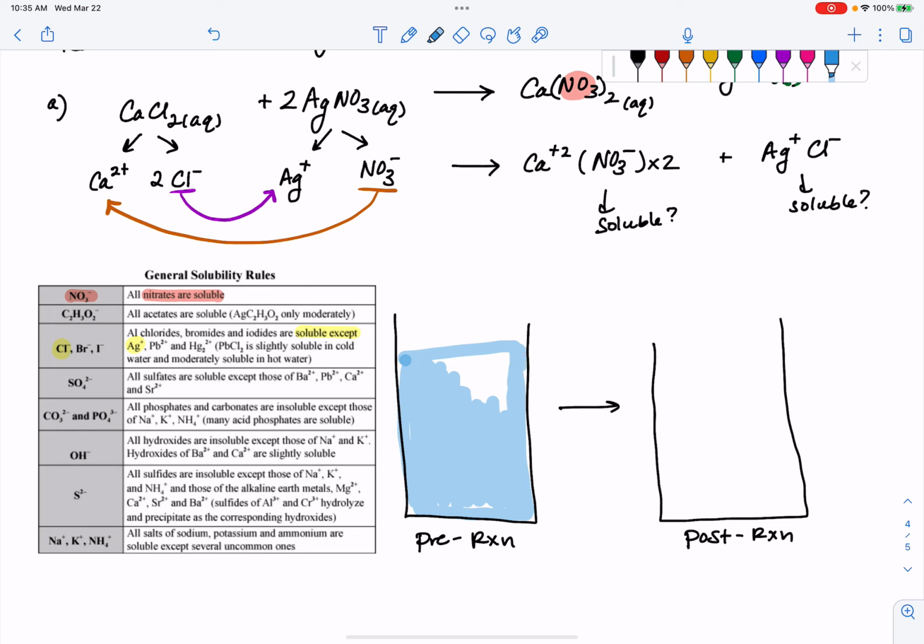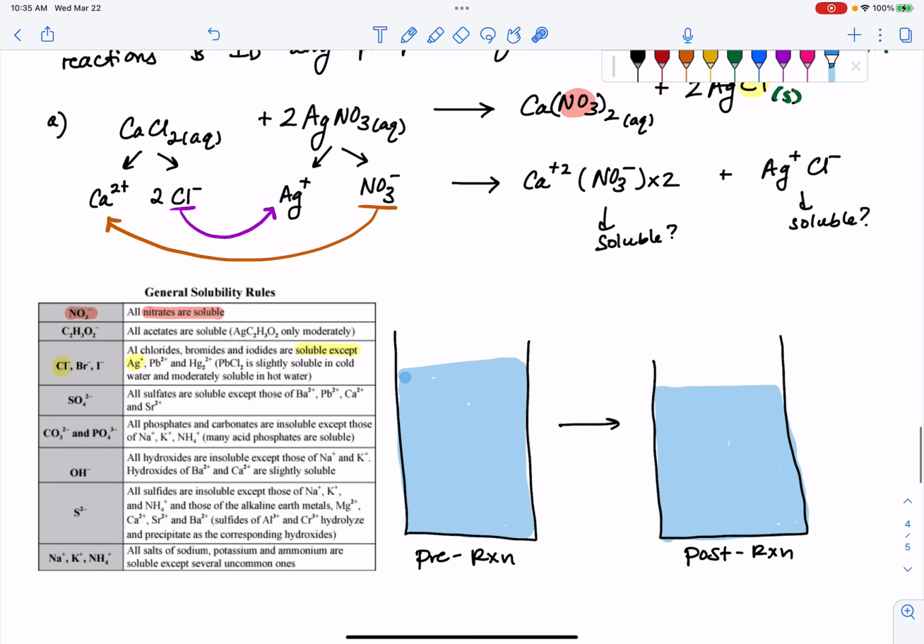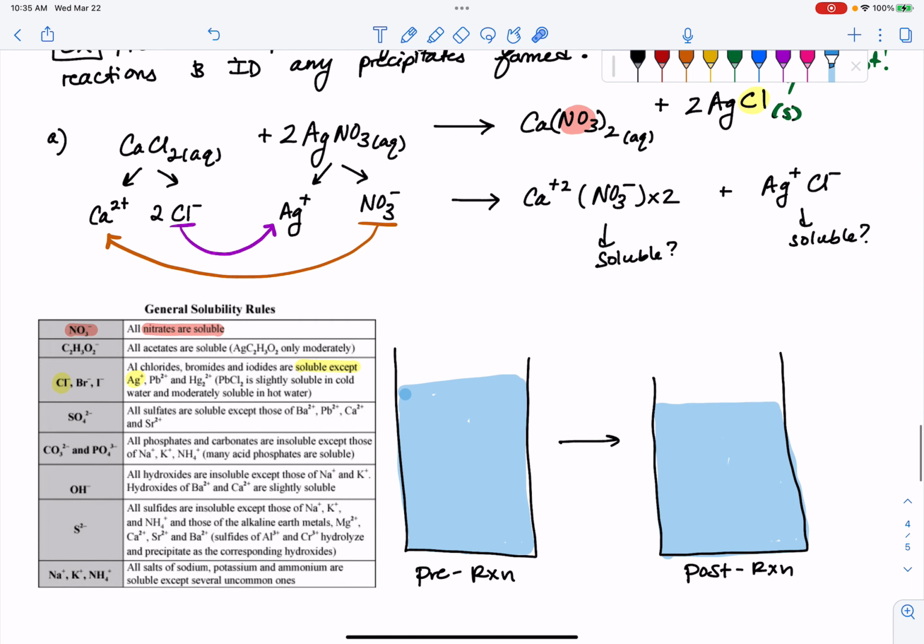Again, let me draw. I know I'm neurotic about this, even though I'm not very good at it. Okay, so here's our water solvent in blue in each of these reaction beakers, which are the same beaker. It's just we're showing one at one moment in time versus another, specifically before the reaction happens versus after.